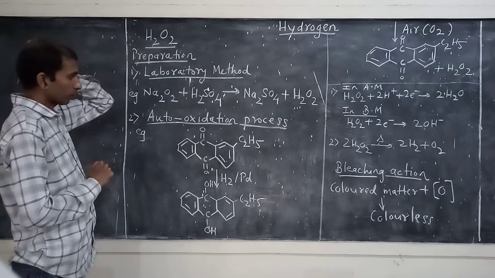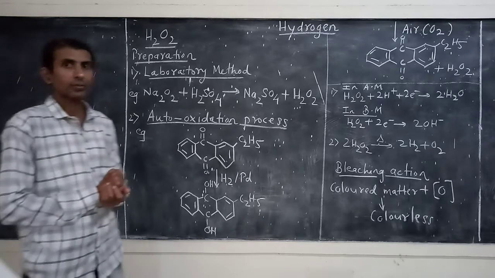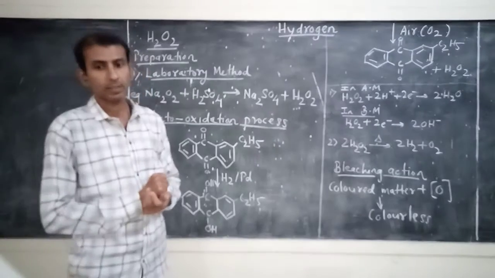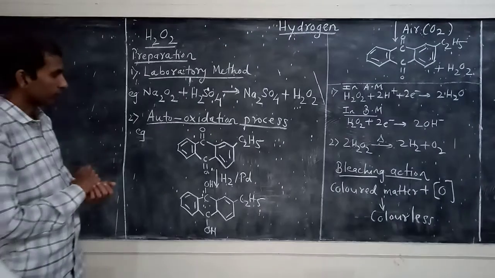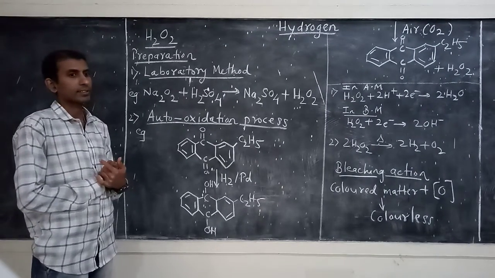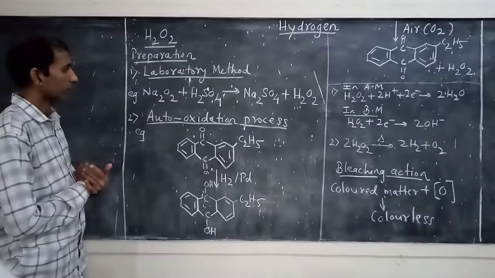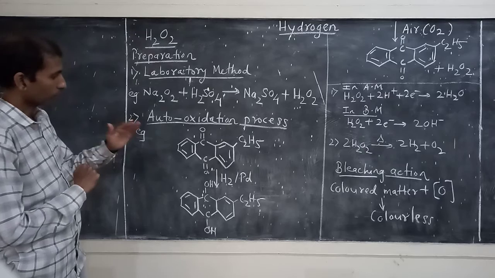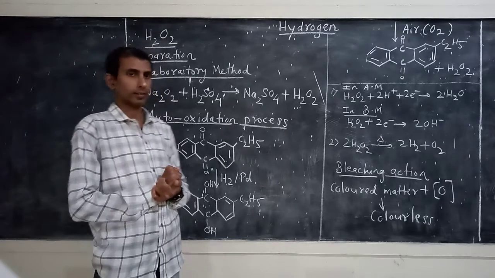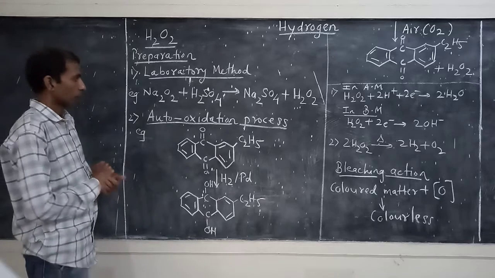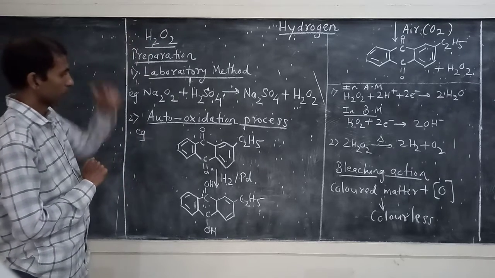So auto oxidation means when we start with the first reactant, keeping all the conditions available for the reaction, then the reaction proceeds on its own under the proper available conditions and we get the desired product. So let's start with this particular method of preparation of H2O2.